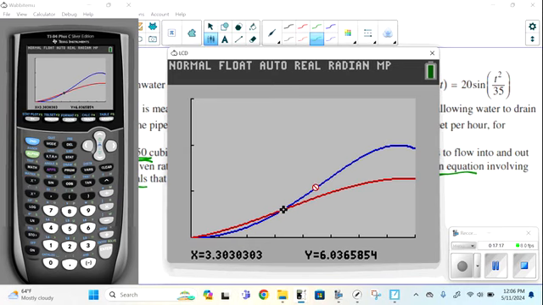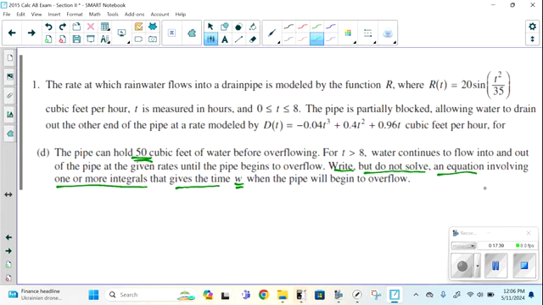The blue line is R of t, the water coming in, and the red line is D of t, the water coming out. You see how the blue line starts to become a lot higher above the red line? That means the rate of water entering is a lot higher than the rate of water leaving, so it's starting to fill.